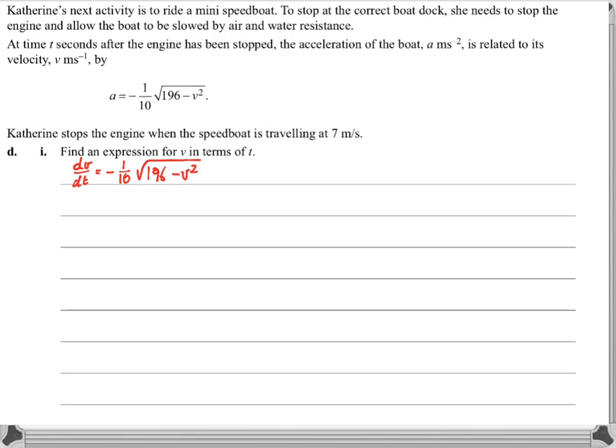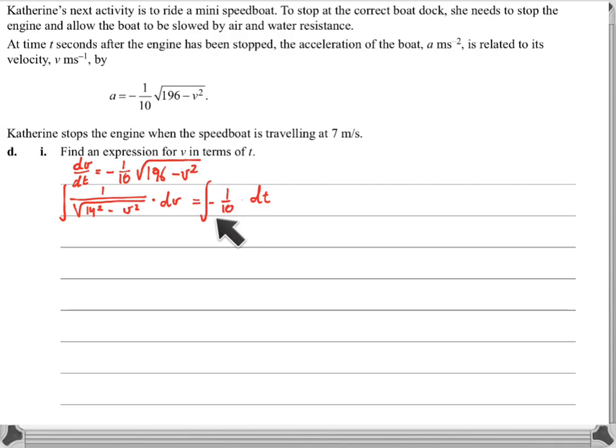Now let's solve our differential equation. We can separate our two variables. We've got all the v's on the left and the t on the right. And then we integrate.